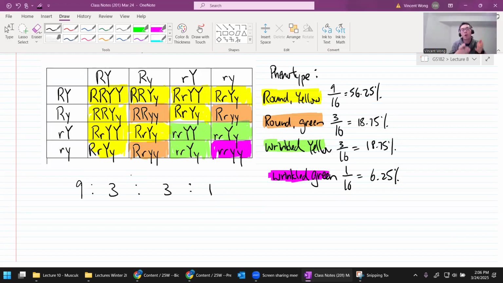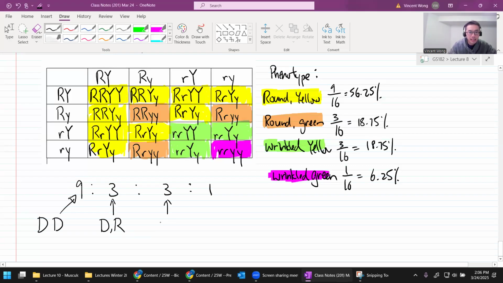Big A, big B, small b, for example. The most common phenotype will be dominant dominant. Brown and yellow are dominant, so it's not surprising it will show up most of the time. The 3 out of 16 is one trait dominant, the other recessive.